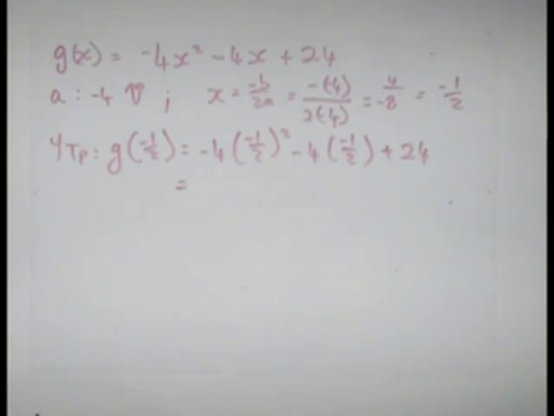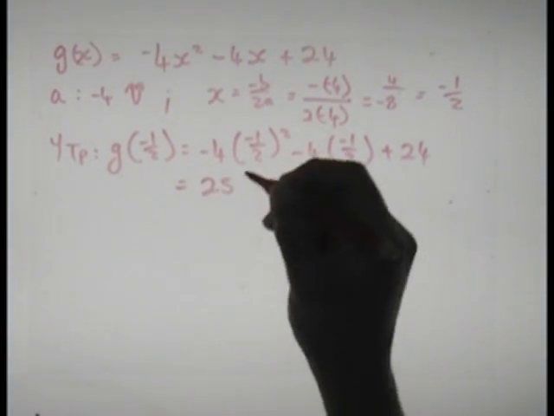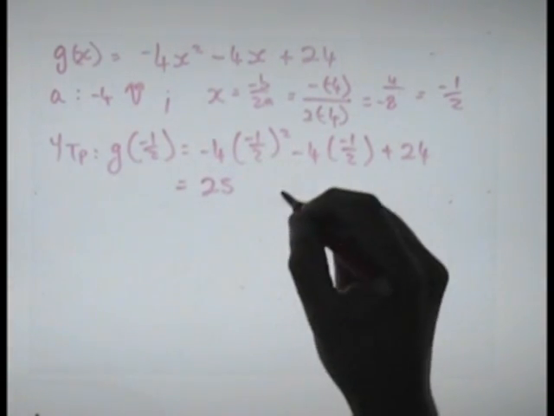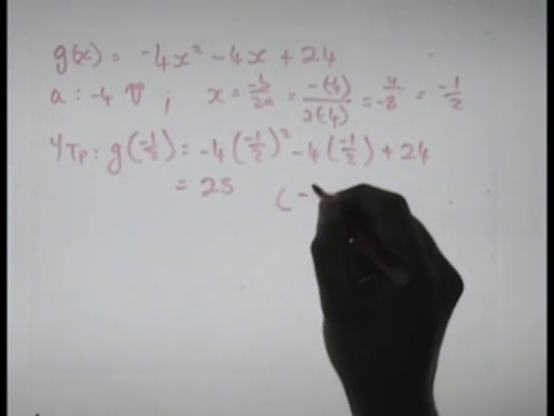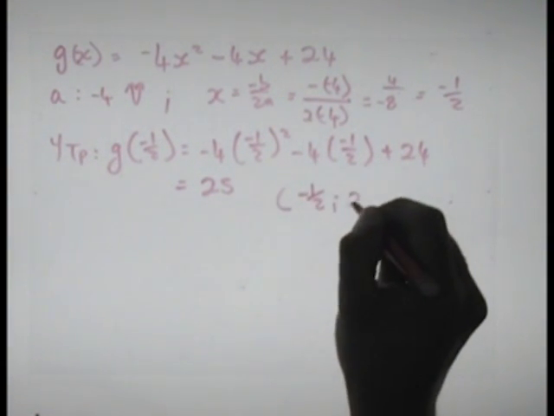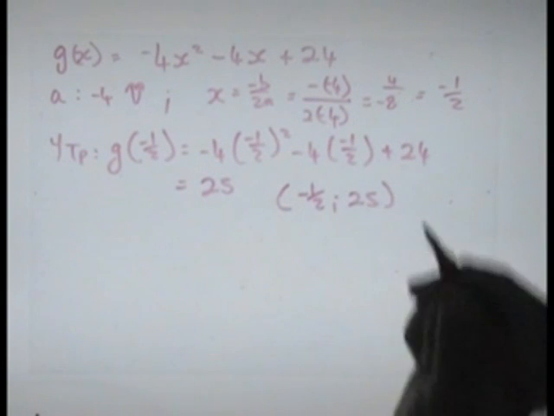I'm going to use my calculator to give me negative 4 open bracket negative 1 over 2 squared minus 4 negative 1 over 2 plus 24, which gives me an answer of 25. That means that my turning point is negative 1 over 2 and y is equal to 25.